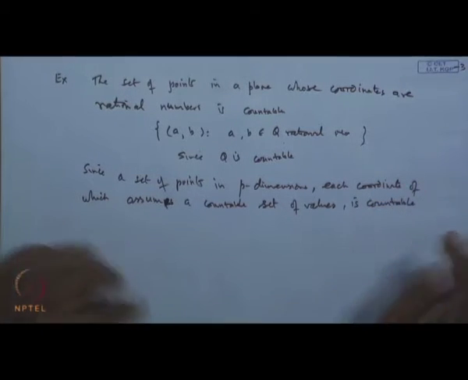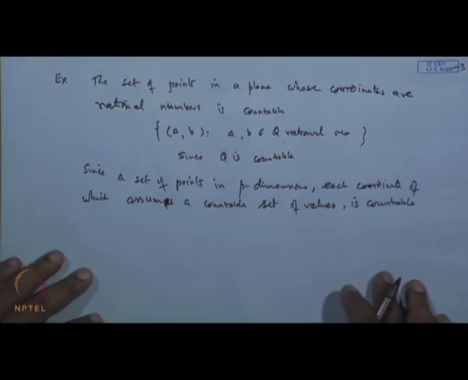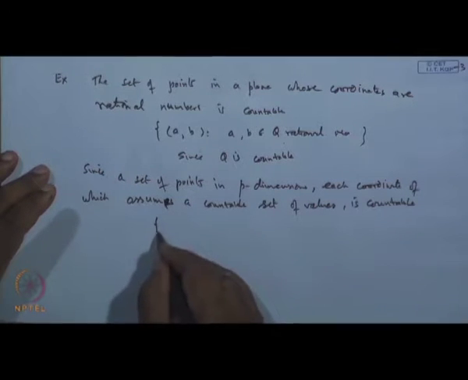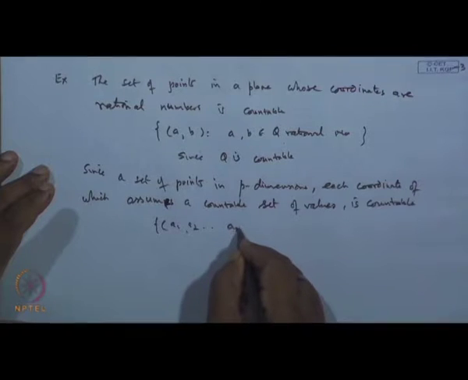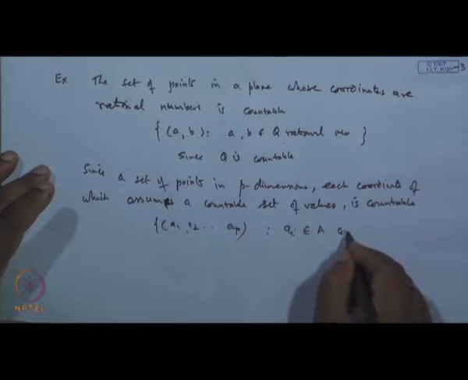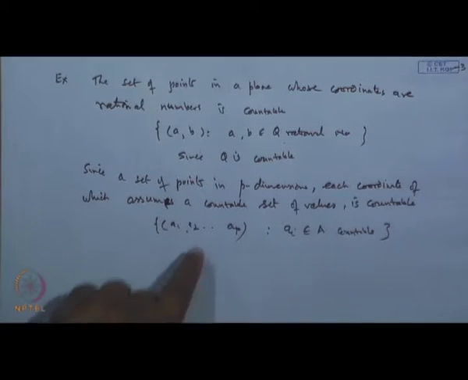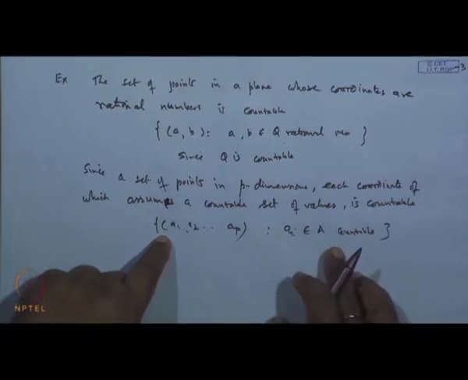In fact, this was shown already, because suppose a set of p dimensions is there, we prove it by means of induction. We have shown that if this set is A1, A2, ..., Ap, where the Ai's are in a set A which is countable, then this collection of sets is also countable, and this we have shown when i is 1, then this coincides with the set A which is countable.